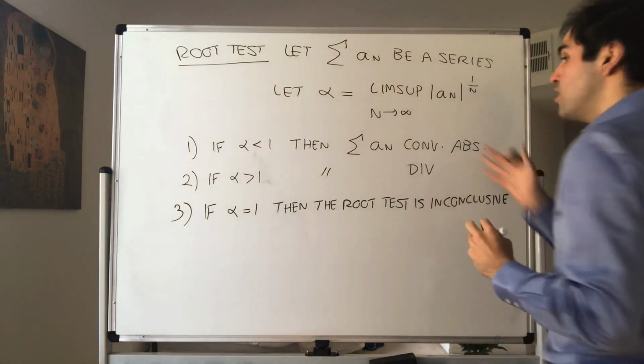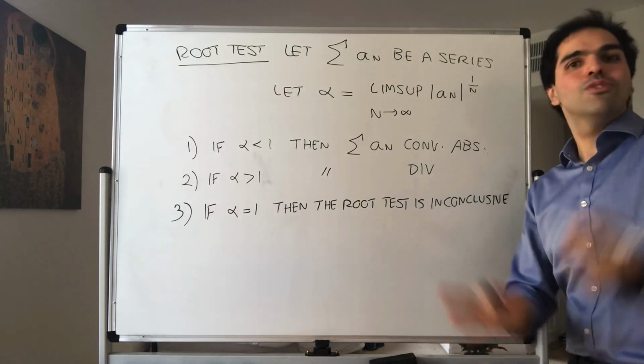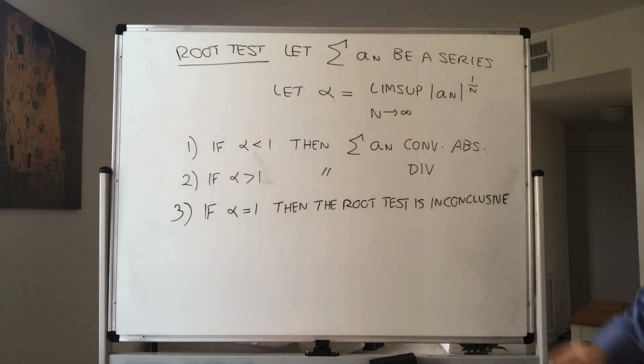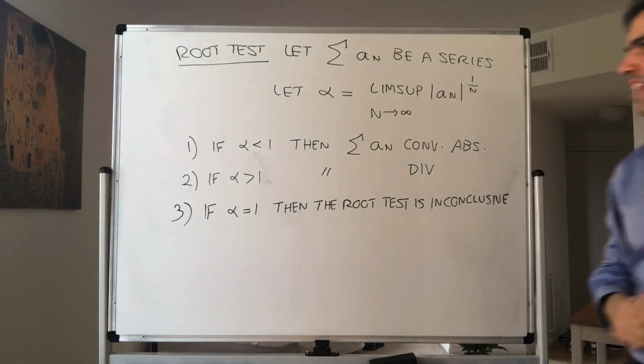It doesn't mean that it converges or diverges, it's just we don't know. It might converge, it might diverge. You really have to look for another test to do this. All right, and now let's prove the root test.